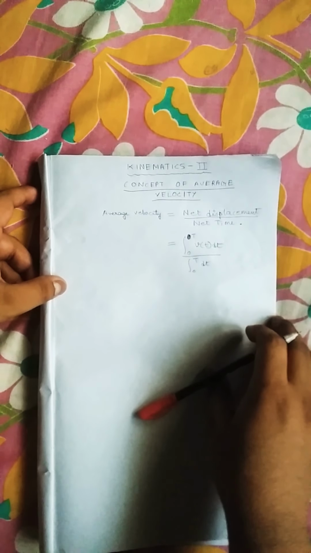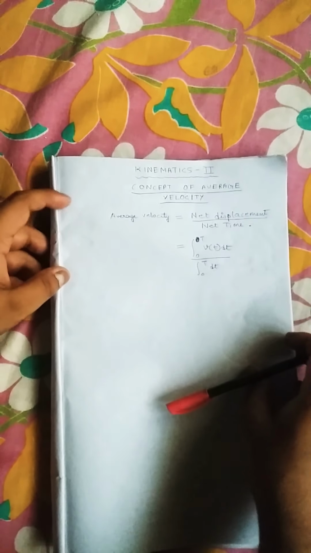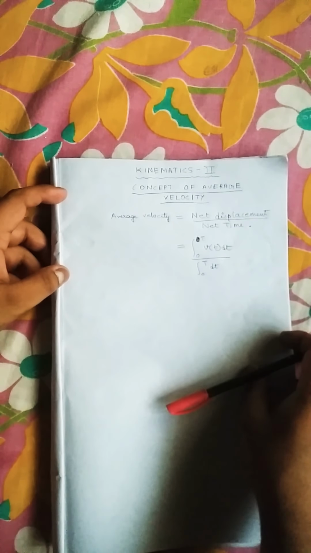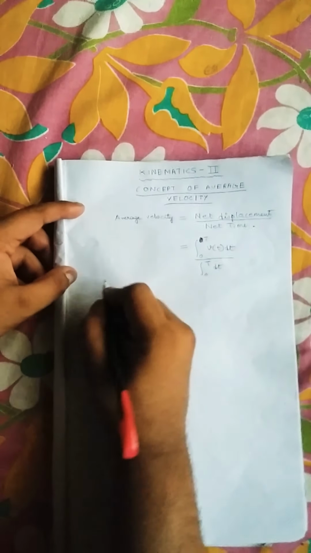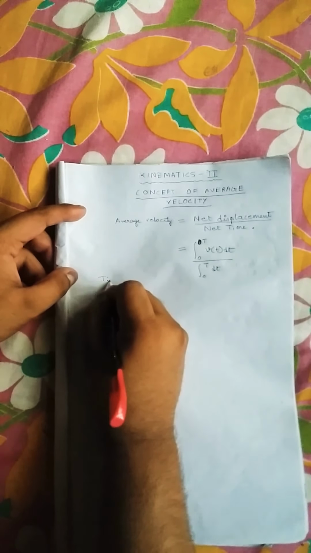It is an observation, you can say. So let me make a table of the time versus the velocity. Here we have the time and here we have velocity. Time is in seconds and velocity is in meters per second.